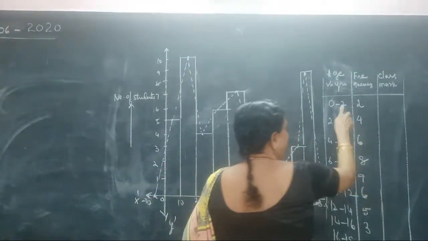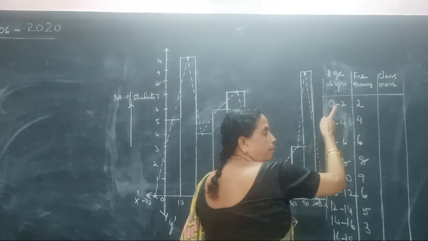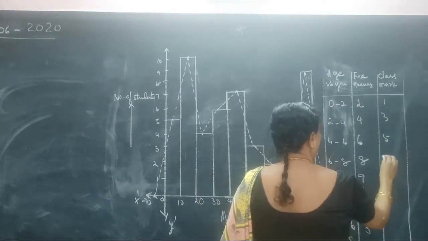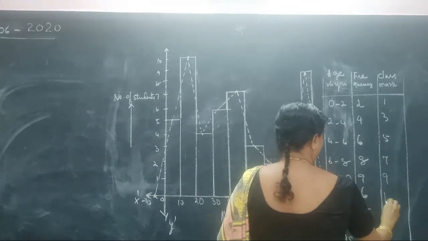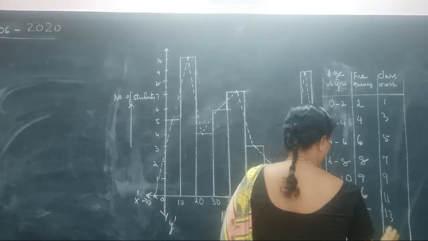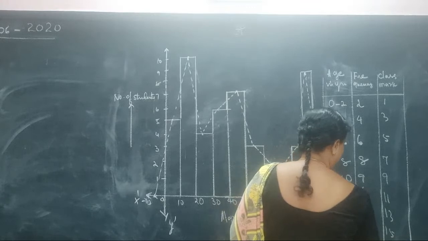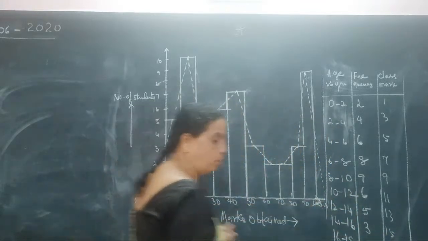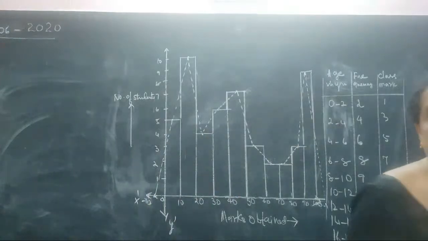What is the class mark? Upper limit plus lower limit divided by 2: it is 1, 3, 5, 7, 9, 11, 13, 15, 17. So now plot this table using the graph paper.